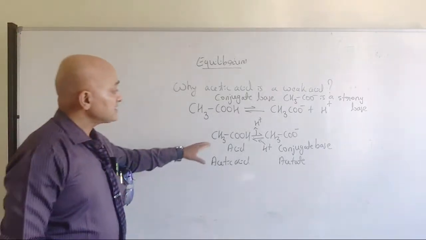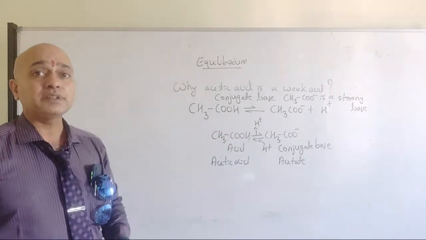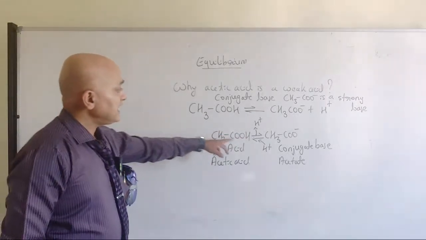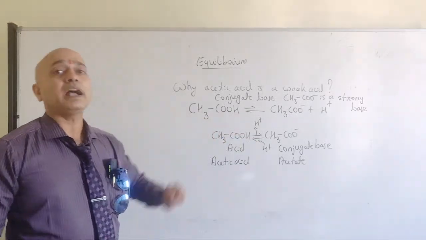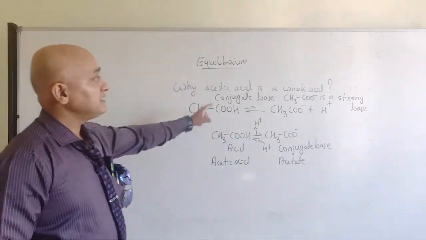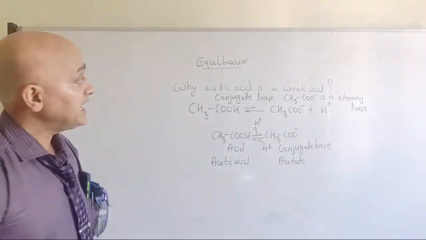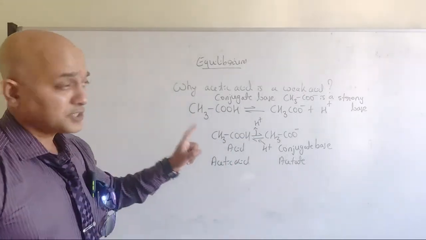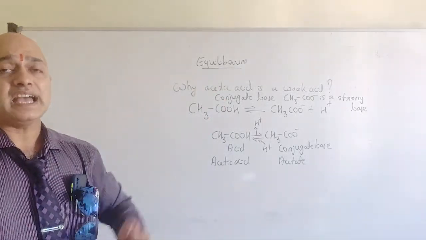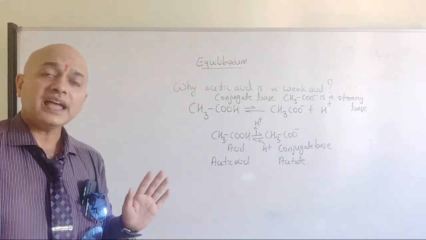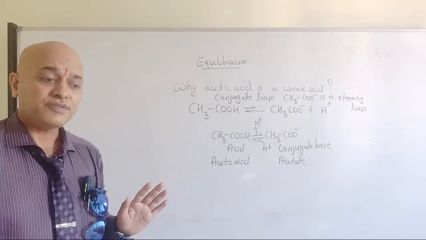So due to that, acetic acid will not donate the H plus easily, because acetate will not release the H plus, it will hold it back. So therefore we are giving the statement that the conjugate base, acetate, is a strong base. Due to that, acetic acid is a weak acid. Whether I am clear? Fine.